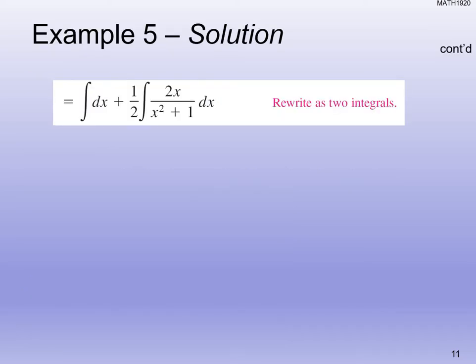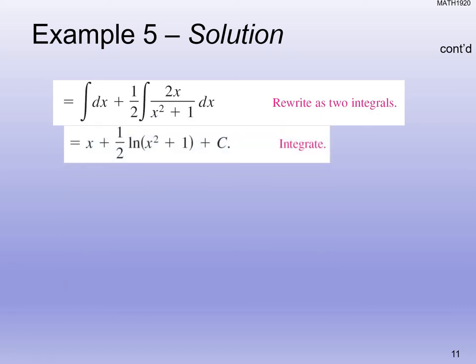So we're going to do that, and we're going to pull a 1/2 out of the denominator, or 2 out of the denominator, essentially. Okay, and then rewrite these. Now we integrate. The integral of dx is x plus, we have 1/2 natural log of x squared plus 1 plus c. All right, we chose u to be the x squared plus 1.